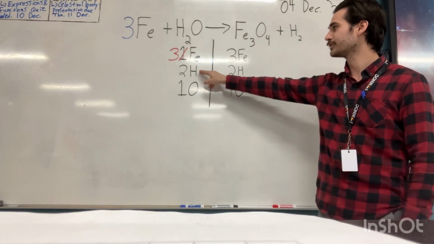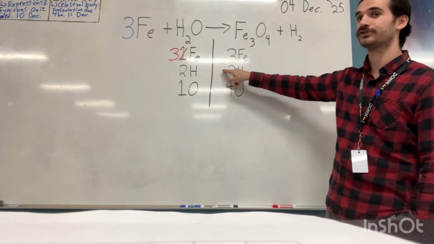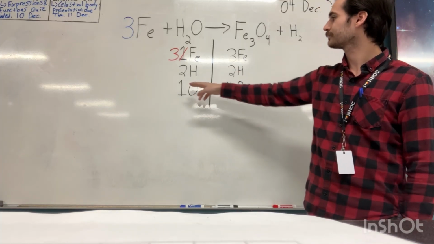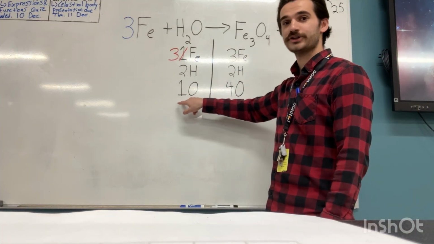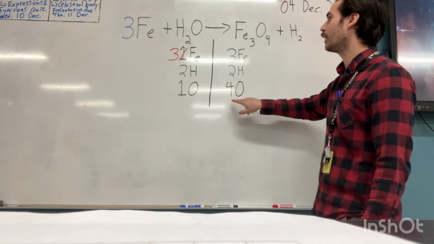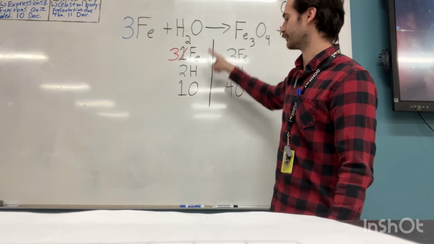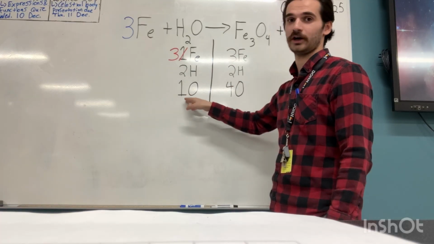I have 2 hydrogen atoms on the left side. I have 2 hydrogens on the right side. The only thing I need to fix now is oxygen. Since I have 1 oxygen atom on this side and 4 oxygen atoms on this side, I'm going to deal with this side first because I have less oxygens.